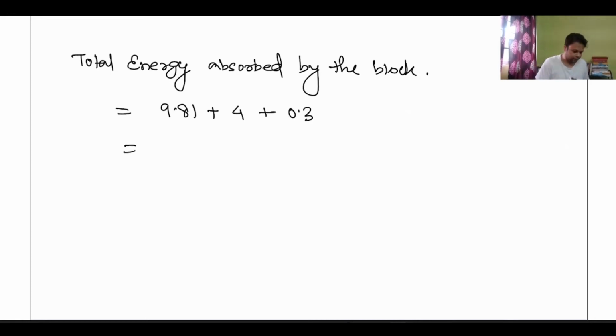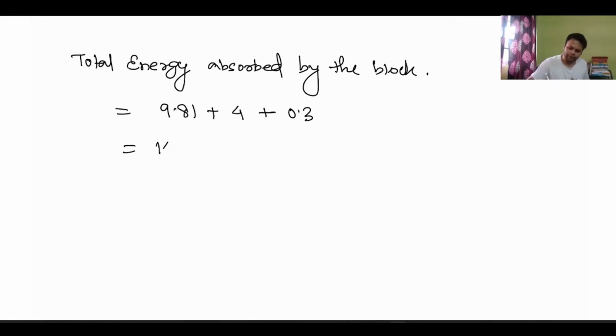So the final answer is 9.81 plus 4 plus 0.3, that is equal to 14.11 kilojoule.